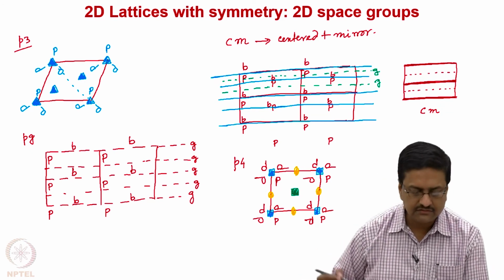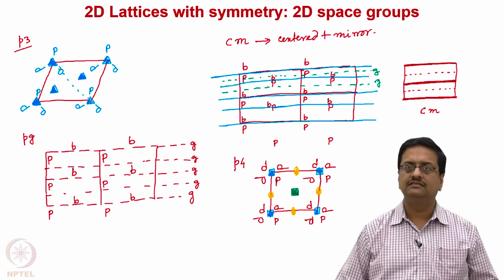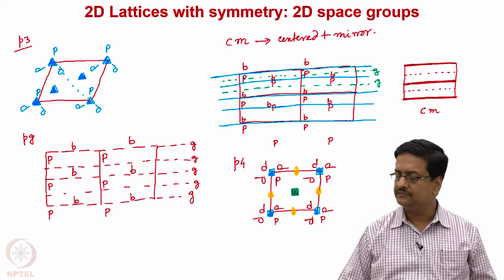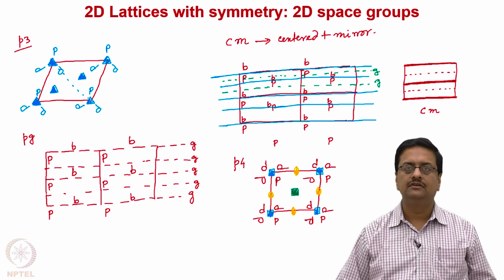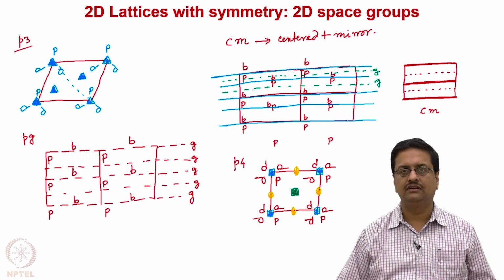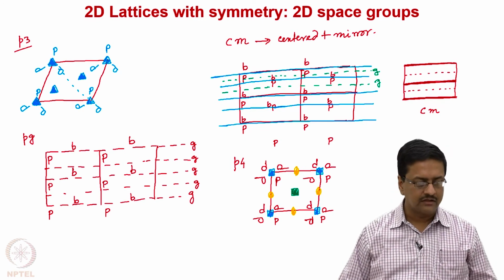So these are the symmetry operations that got generated because of the presence of four-fold axis at four corners and at the center.